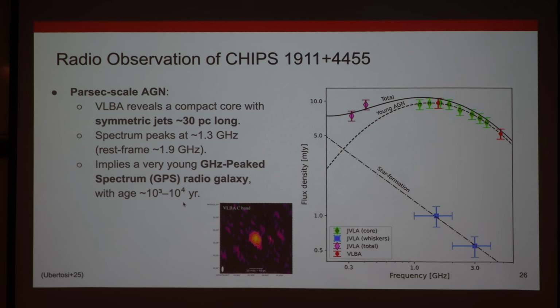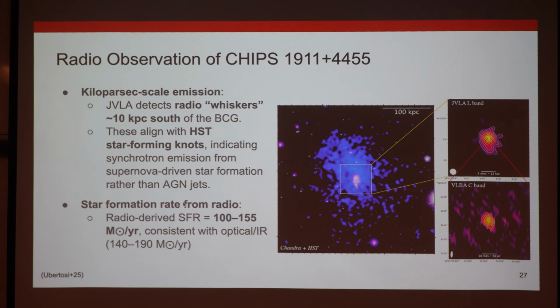So okay, now we have this picture that the jet is extremely young, not only at the parsec scale that I just showed you earlier. But if you zoom out a bit more, to the kiloparsec scale with a different telescope called JVLA, they actually detect what they call a radio whisker. So let me explain the observation. Here is the radio detection at kiloparsec scale.